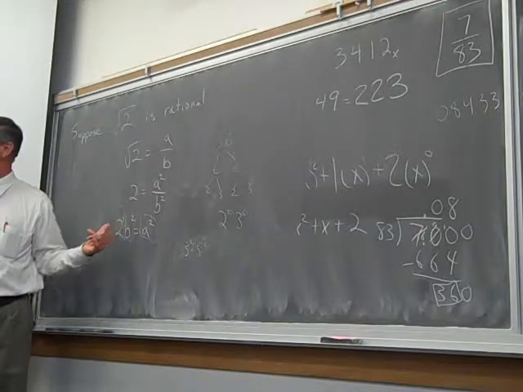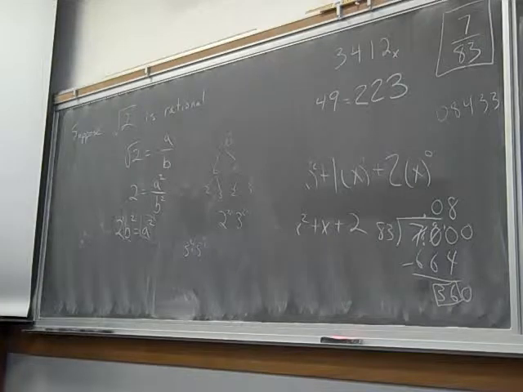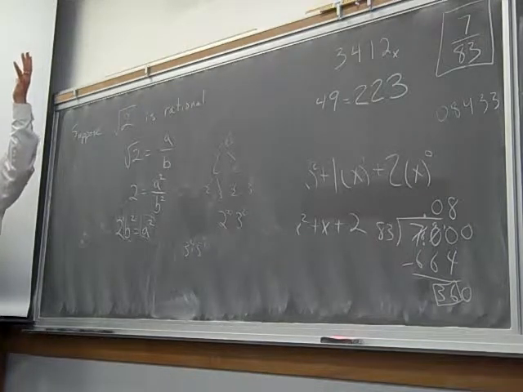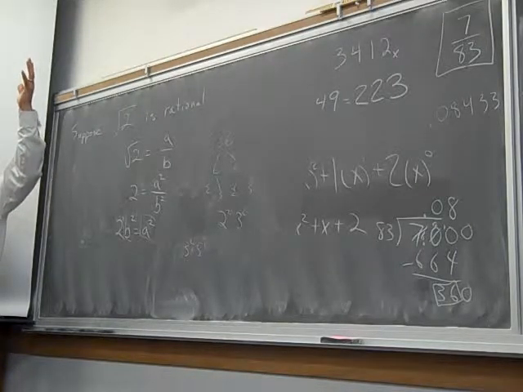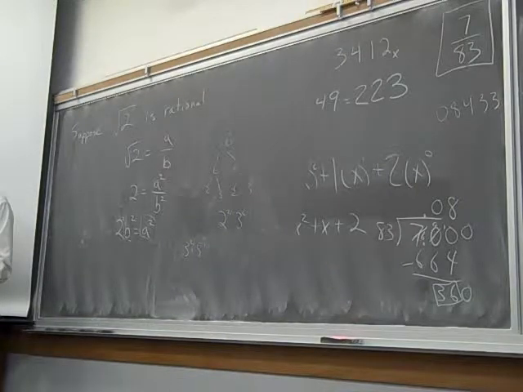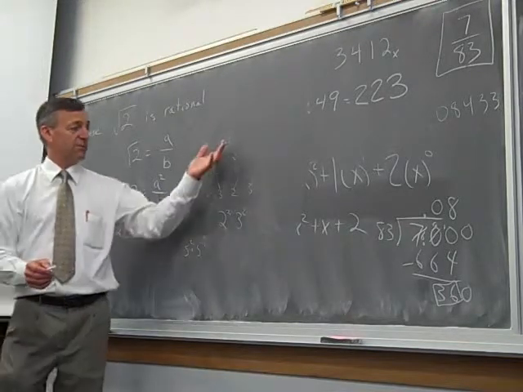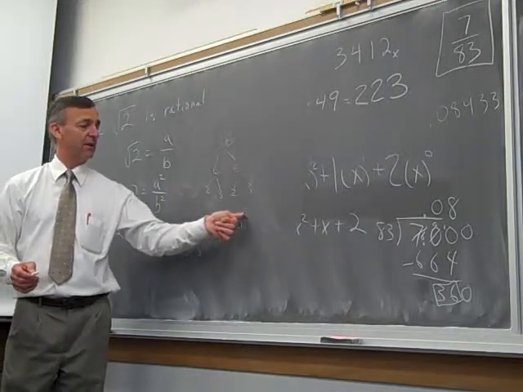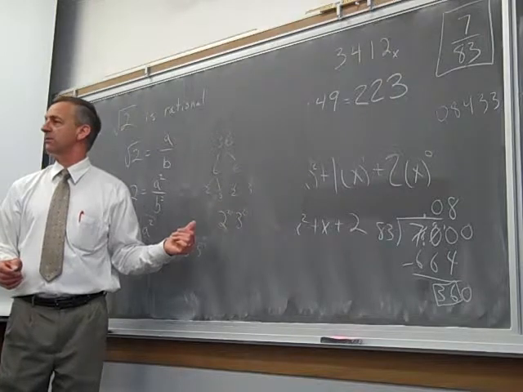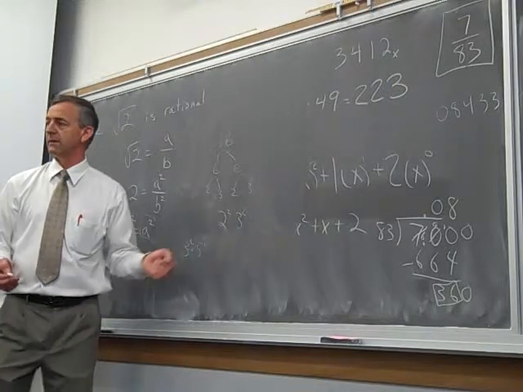Does that make sense? I'm not sure I'm getting through. Who's following me that could put it in different words that maybe it would make sense? Nobody's following me? Oh, I'm in real trouble. Have I convinced you that every perfect square has even powers on all of its prime factors? Okay.